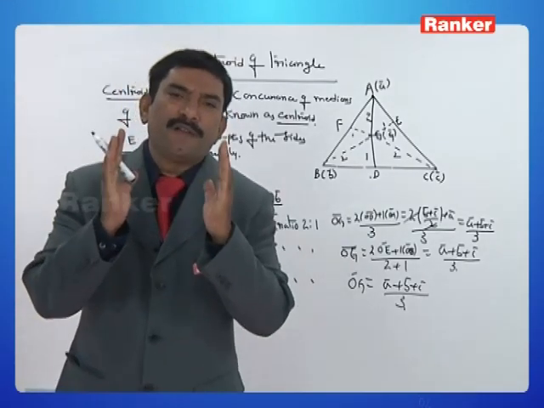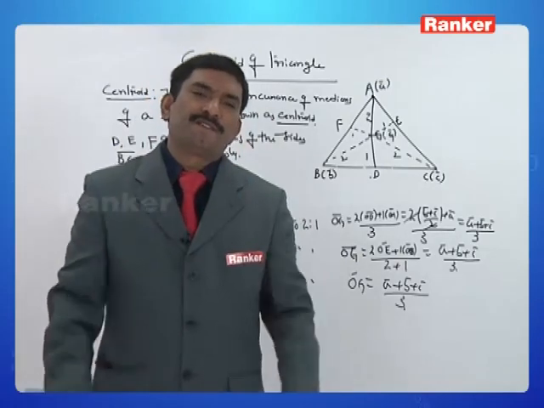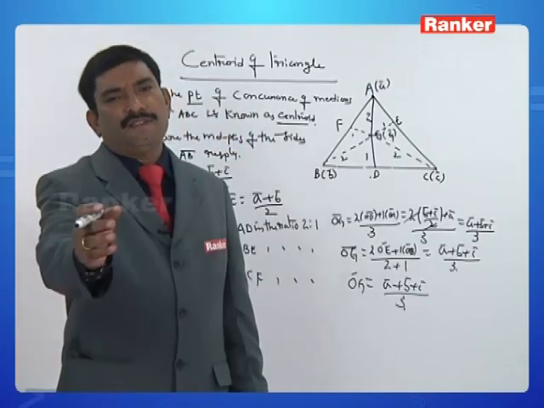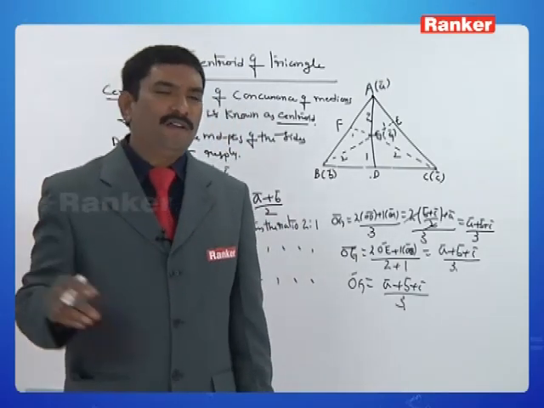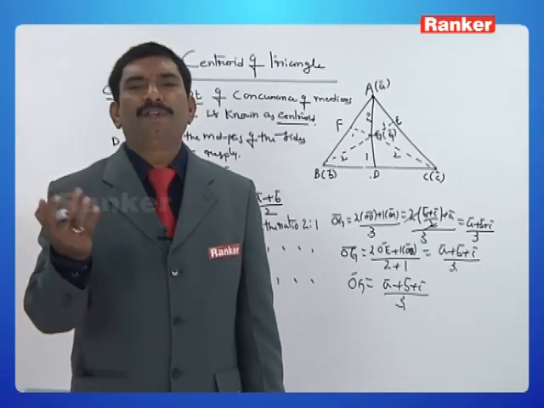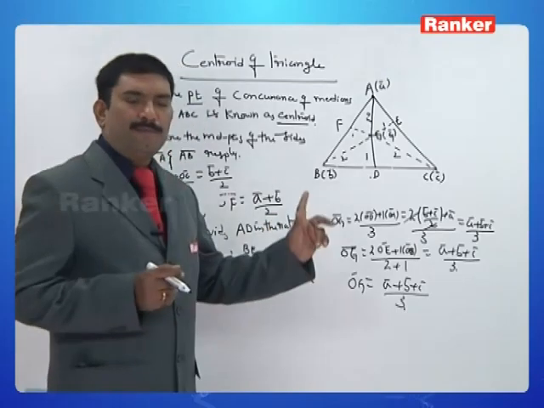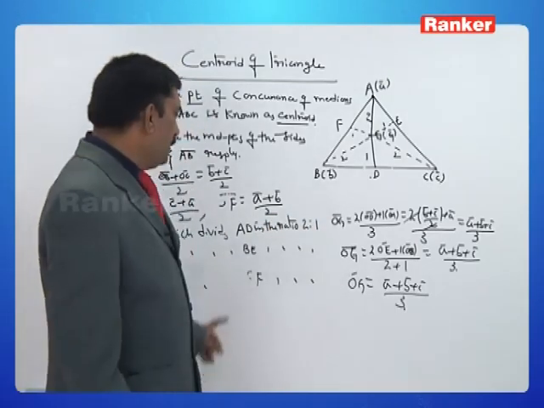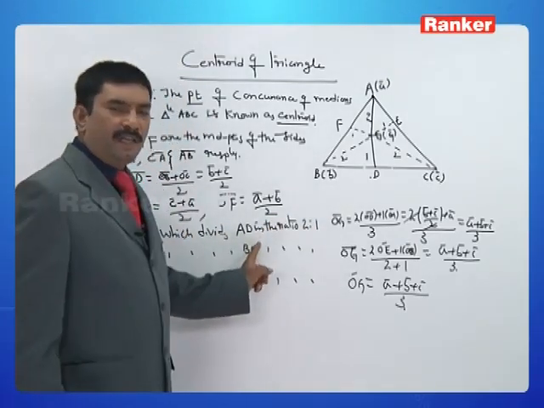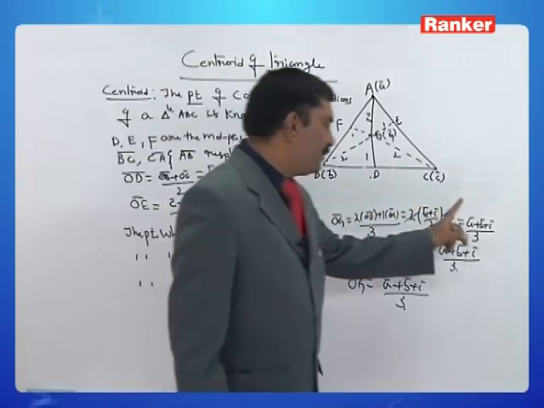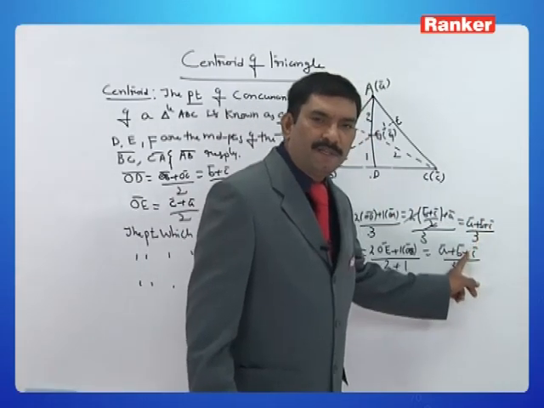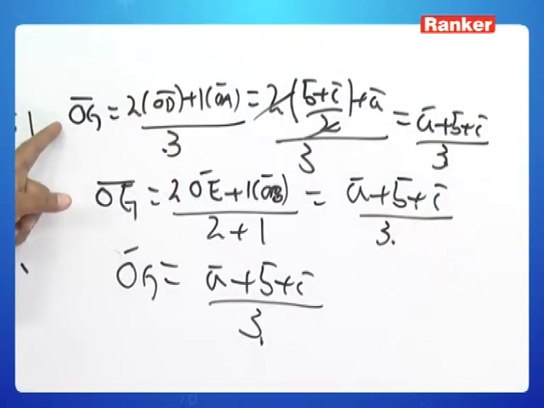That point of concurrence of medians of a triangle is known as centroid. Therefore, hereafter, what is the position vector of a centroid? You can very well observe the point which divides AD in the ratio 2:1 is also A bar plus B bar plus C bar by 3. We have taken it as OZ bar.